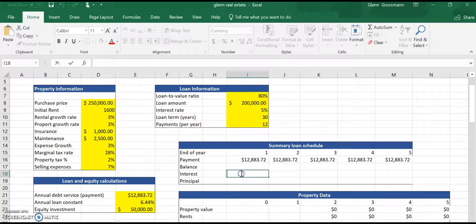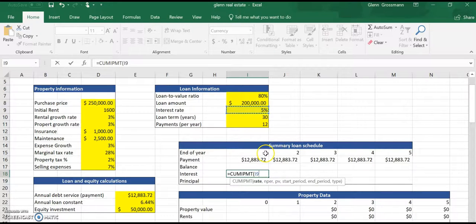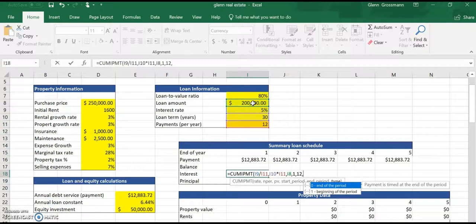And next, we're going to get our interest. It's going to be equals cumulative interest payment. We're going to take our 5% divided by our payments per year, and we'll take our loan terms times payments per year, and then we'll reference our loan amount, and then do months 1 through 12, and we want to start at the end.